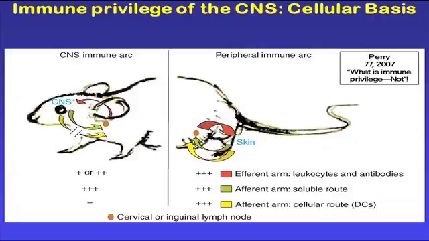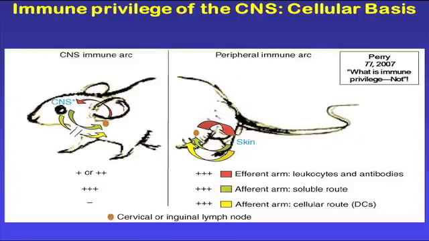Now, if we add in the head and the rest of the mouse, and you see the CNS label now on the left, we can see what's different in the comparison between the skin and, in fact, any other part of the body and the central nervous system. Specifically, the parenchymal tissues of the central nervous system, the actual spinal cord, brain, optic nerves, do not have any dendritic cells.